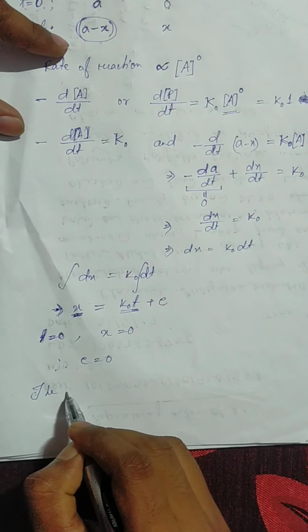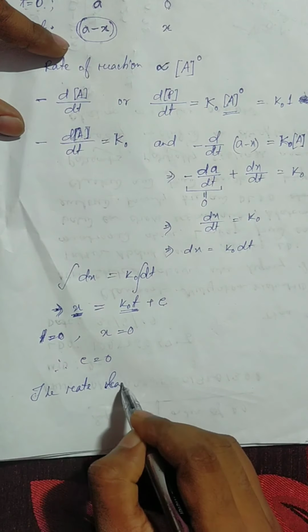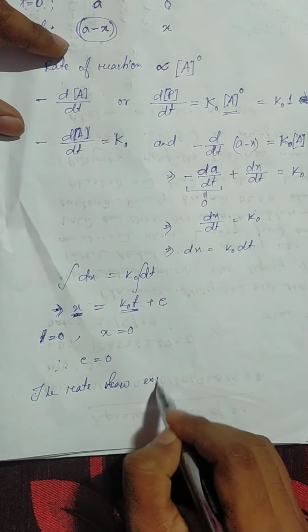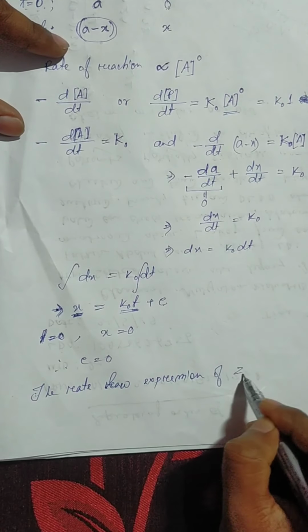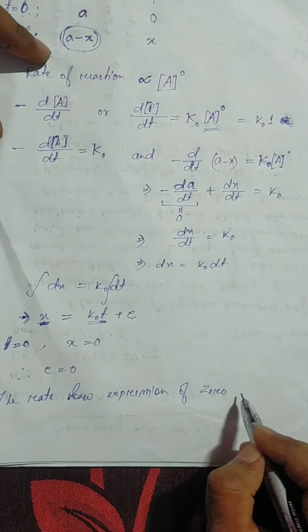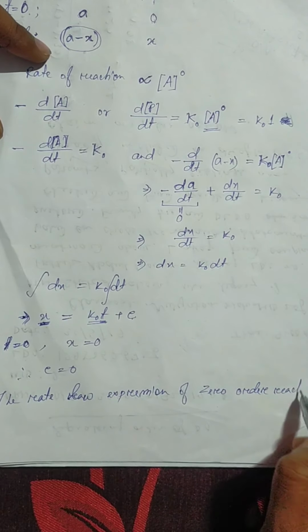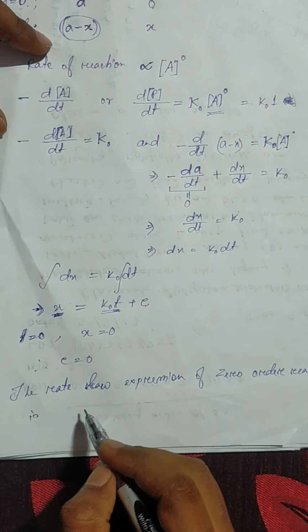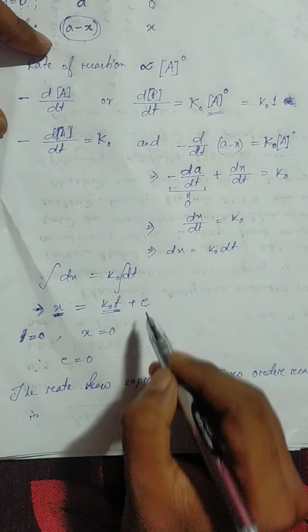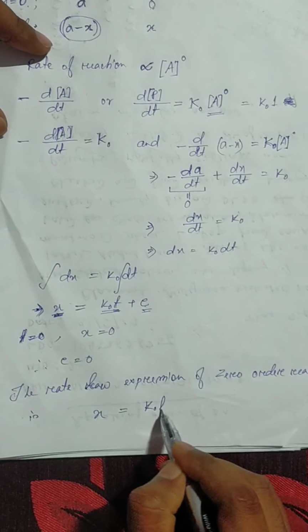Okay, so as C is equal to 0, at the last step we can write the rate law expression of zero order reaction is, this part is 0, so we can write x is equal to k naught t.